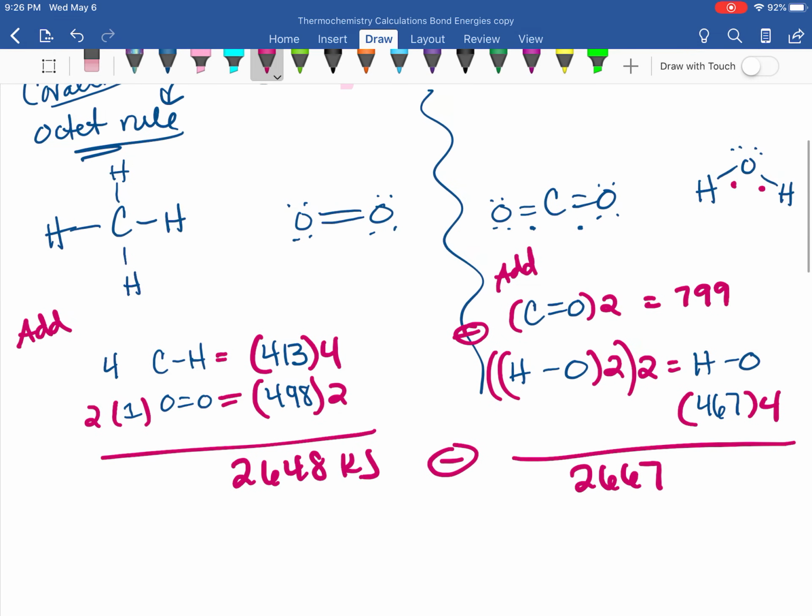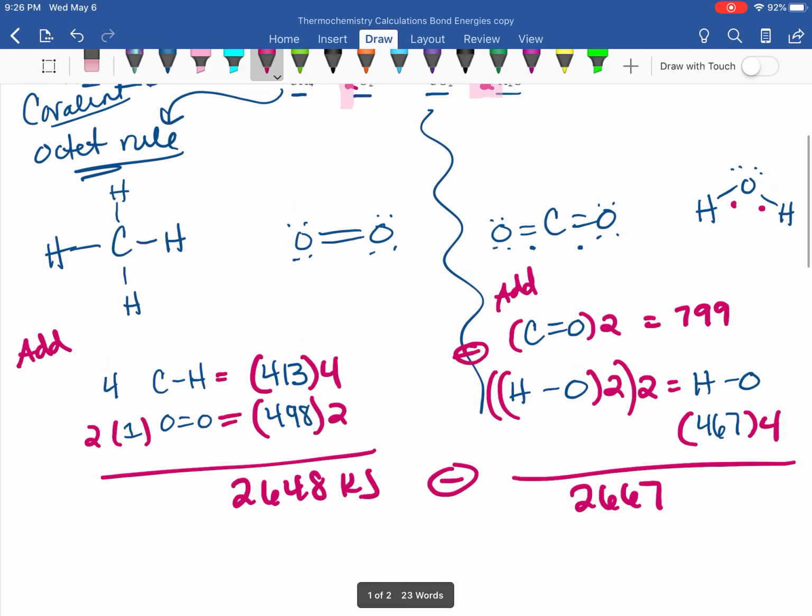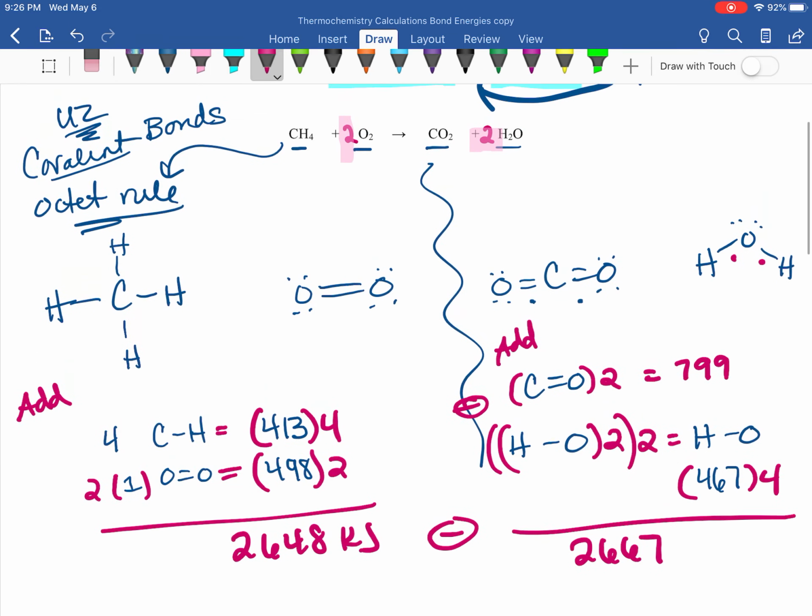All right, so let's double check that because we should actually be very similar to our first calculation. So if we're about to subtract those, I feel like I need to just do that one more time. 799 plus, let's parentheses, 4 times 467.